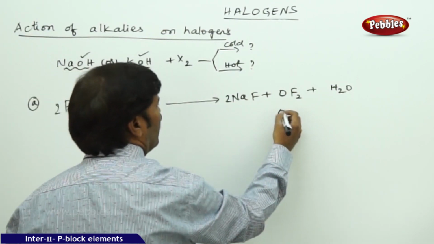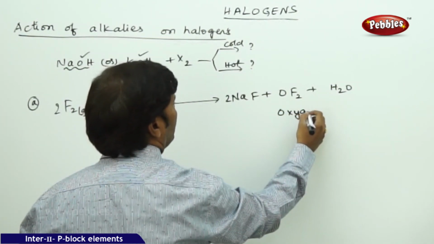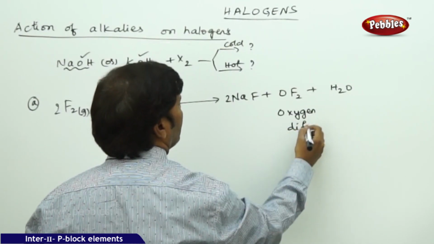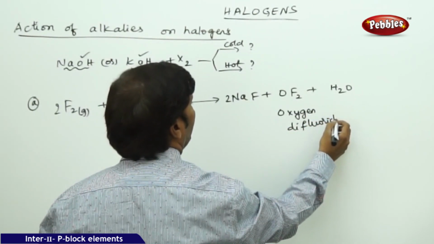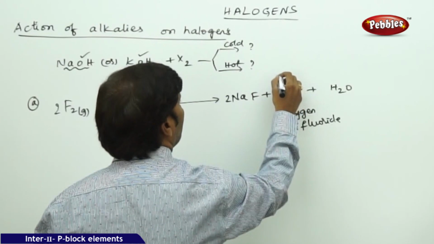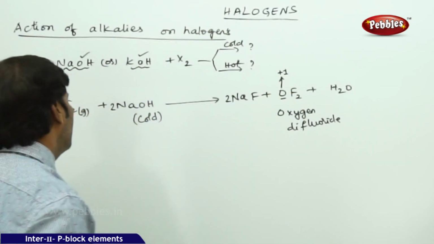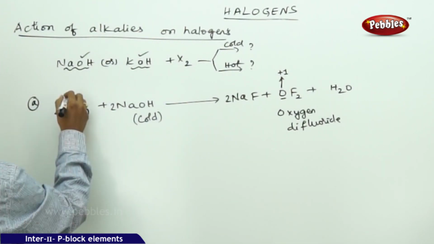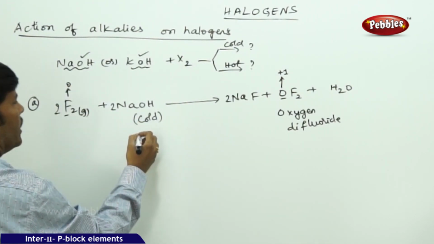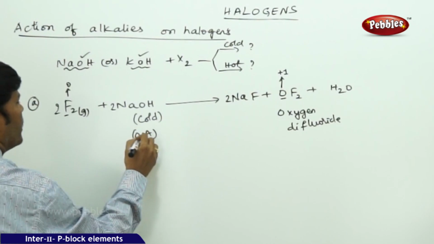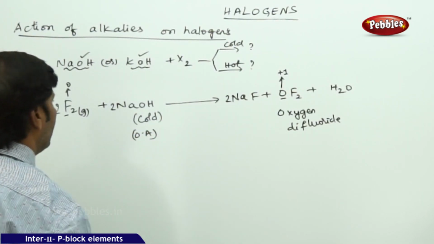This is called oxygen difluoride, in which the oxidation state of oxygen is plus 1, and here it is 0. So indirectly I can say that fluorine is acting as an oxidizing agent, and this is the cold case.